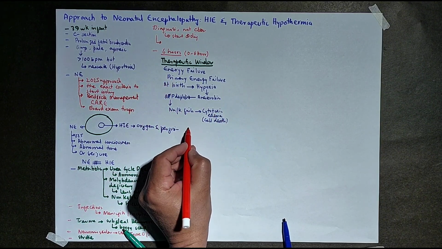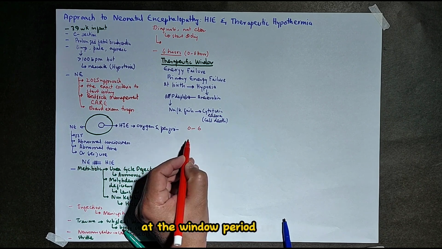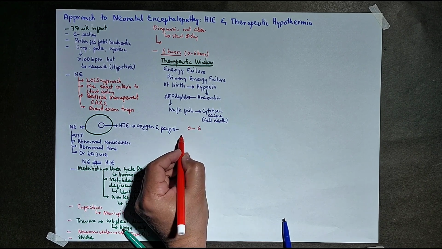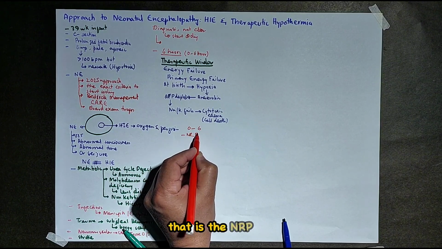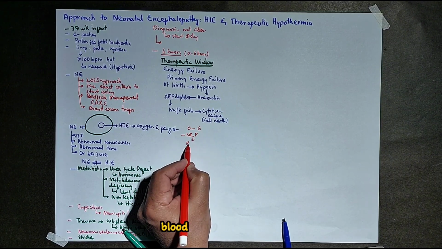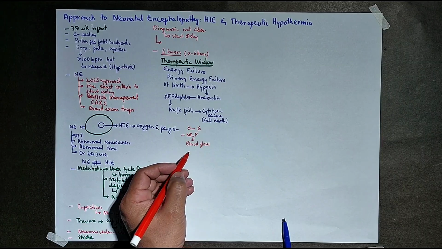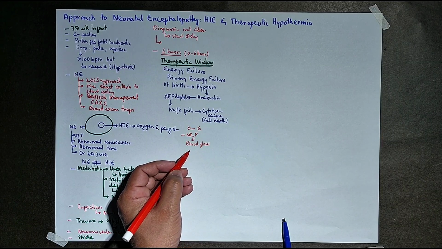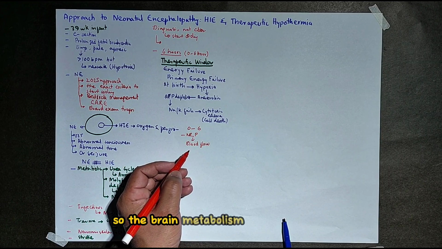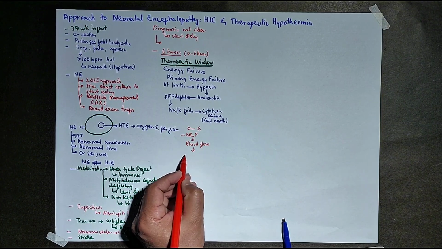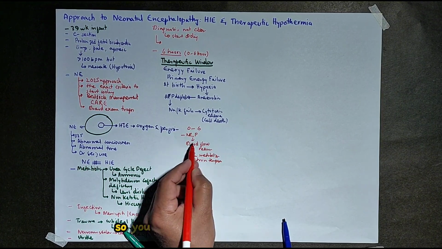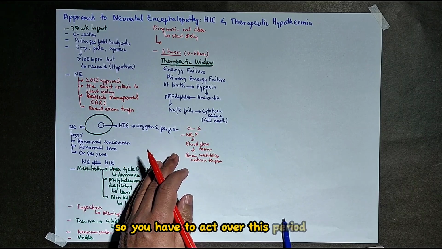But in the window period, that is 0 to 6 hours, you have done your resuscitation, that is the NRP, blood flow returns, and brain metabolism recovers temporarily. So you have to act over this period.